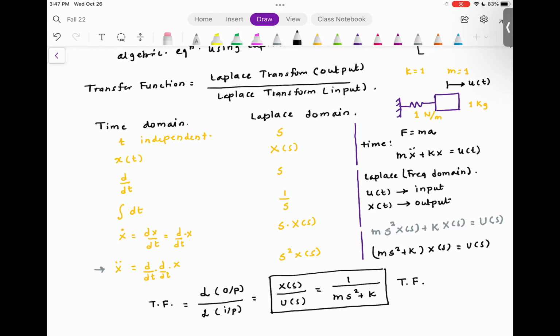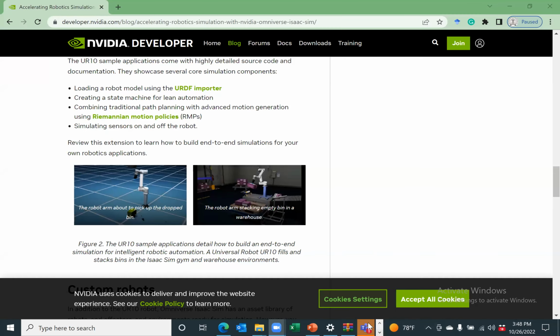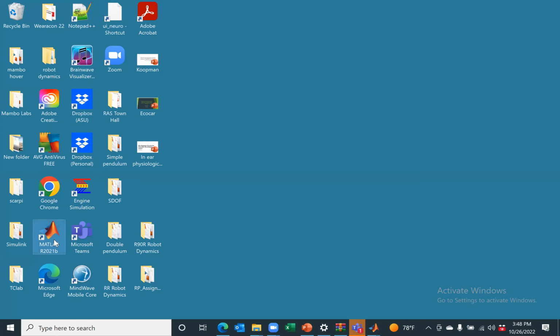Now, what I'm going to do is go to MATLAB and try to solve this transfer function using MATLAB. So this would be a good time to actually run or open MATLAB. And so I would encourage you to start MATLAB.